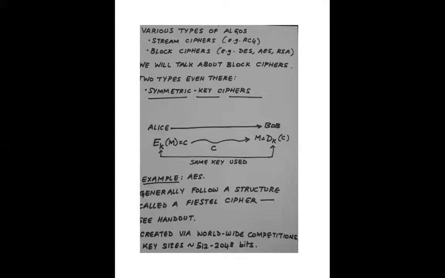Okay, so that's symmetric key cryptography. The same key is used by Alice and Bob. Now, of course, there's a key problem. So if you share this 512 or 2048 bit key between Alice and Bob, you can use that in some sense to obtain more security, right? The message M can be arbitrary sized. It can be a YouTube video.